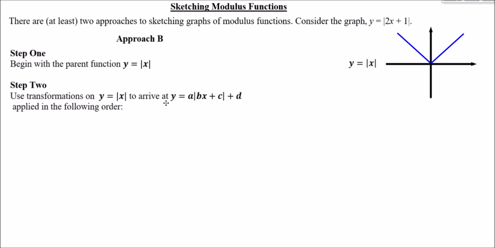Like I said, it's very much like BIDMAS. So, like BIDMAS, we think of the modulus symbols, these vertical lines, as brackets in their own right. But remember, when we're doing translations of graphs, inside brackets works as opposite.